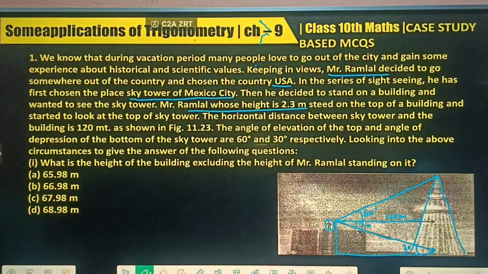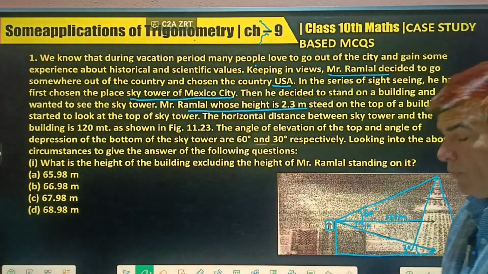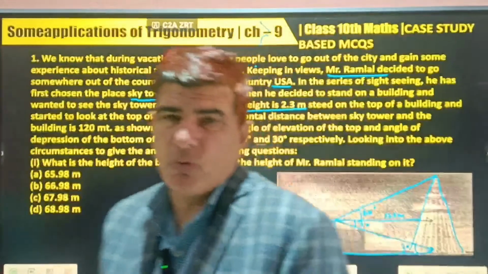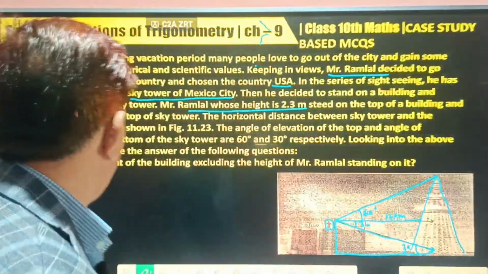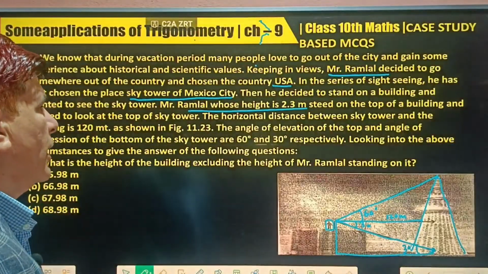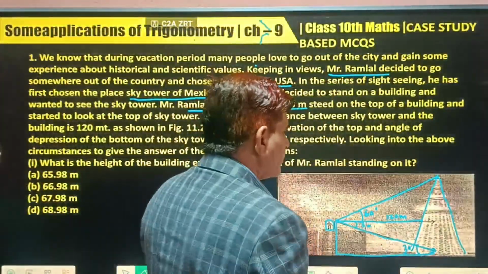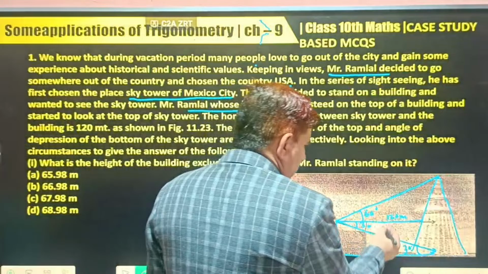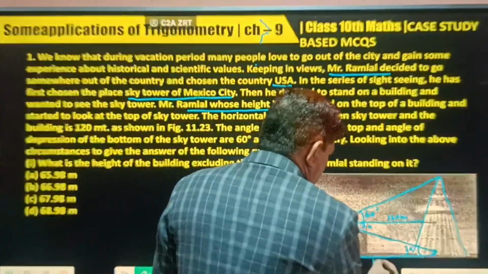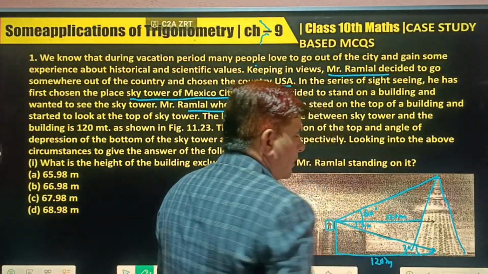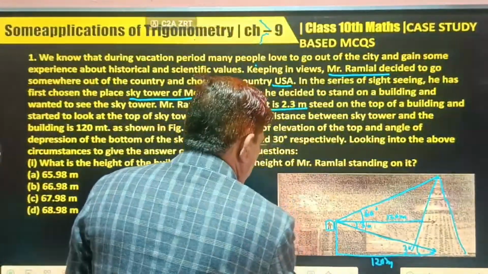Understood? Looking at the above circumstances, give the answers to the following questions. First question: what is the height of the building excluding the height of Mr. Ramlal standing on it? In your mind, this is 120, so this is also 120 meters. This is a right-angled triangle.